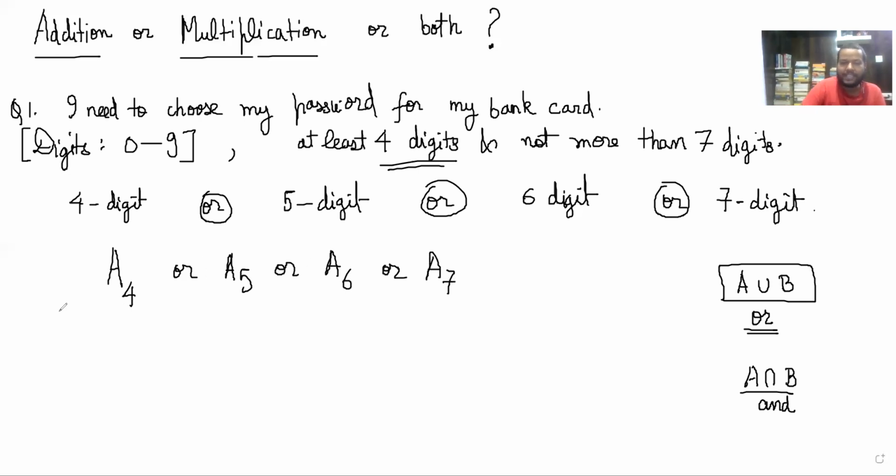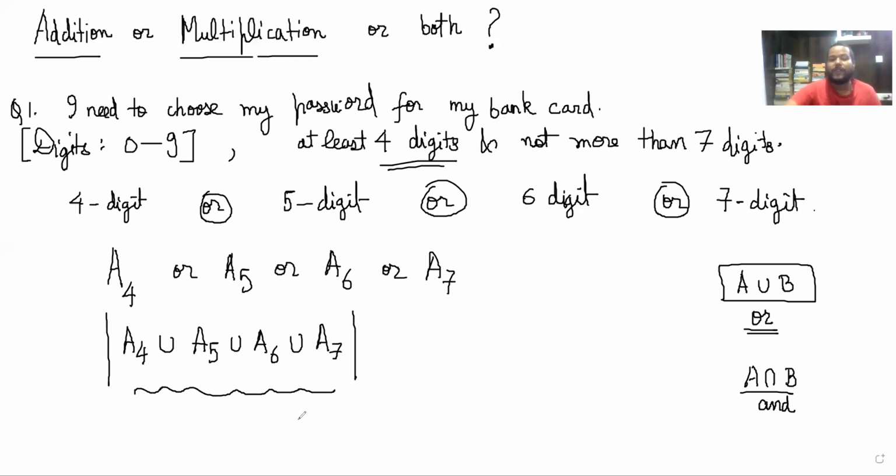So basically you have to take the union of these 4 sets: A4 union A5 union A6 union A7. How many ways you can do it is the number of elements in this union set.